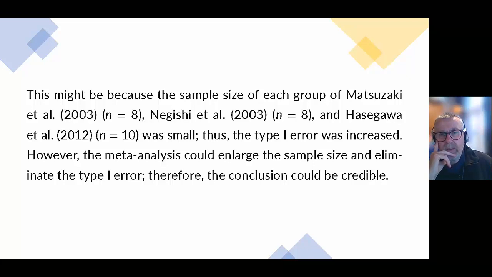The final point made in this section is an acknowledgement of the very small sample sizes in some of the non-statistically significant papers. And here they also mention something called a type 1 error, which is the probability of a false positive. But again, more about that in video 4.